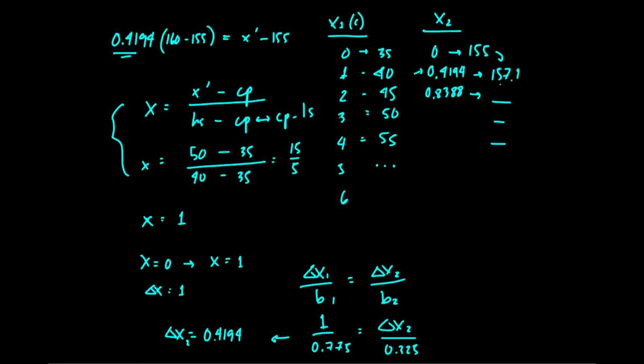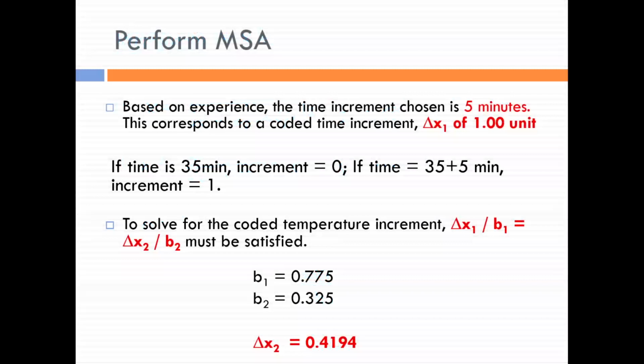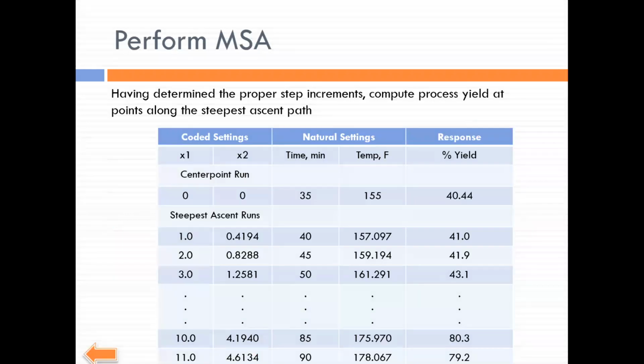Okay? So ang ginawa natin is we set up the high point and low point settings. So meron tayong increments na ginawa. So when we want to perform the experiment, we do the actual experiment, no? Kunwari, let's just say na ginawa natin yung actual experiment. You started with a center point run. We have 35 plus 155 yung isa-set up mo na parameters sa natural setting. So ito yung ini-input mo mismo doon sa actual experiment mo.